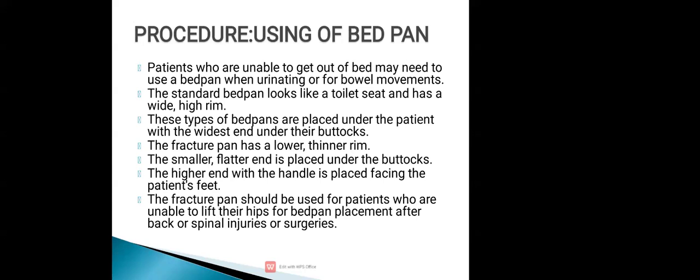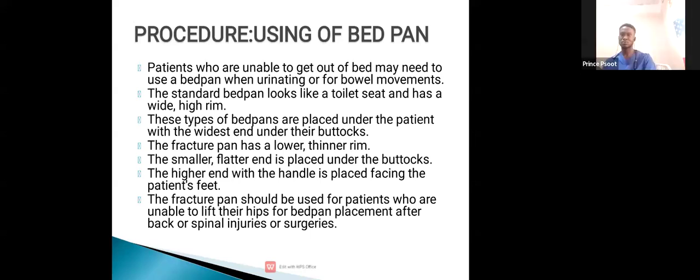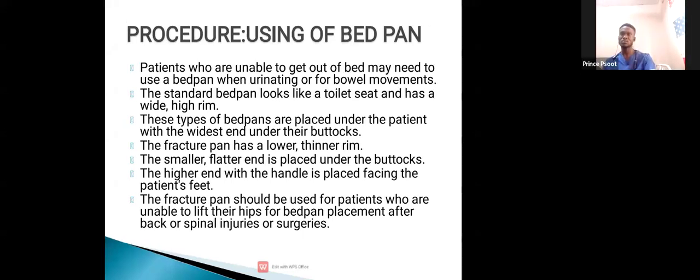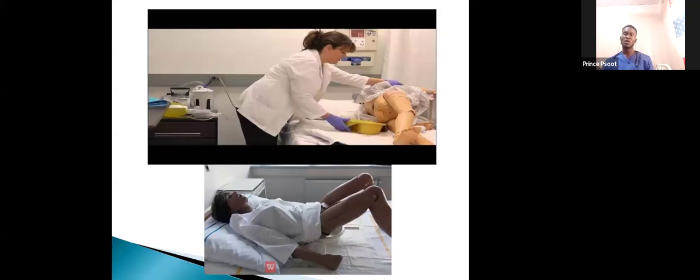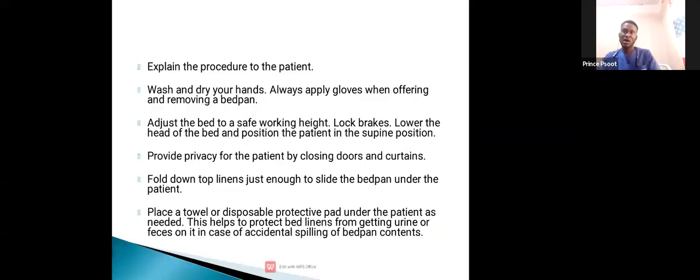The fracture pan should be used for patients who are unable to lift their hips for bedpan placement after a back or spinal injury or surgery. This is an example of placing a bedpan. Now, how does the procedure go?